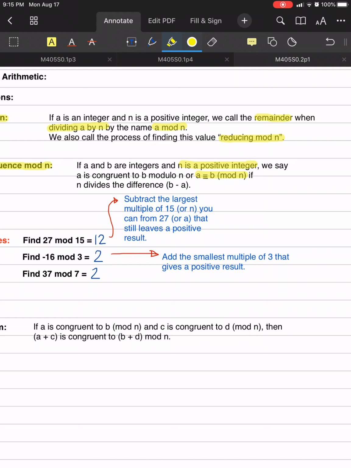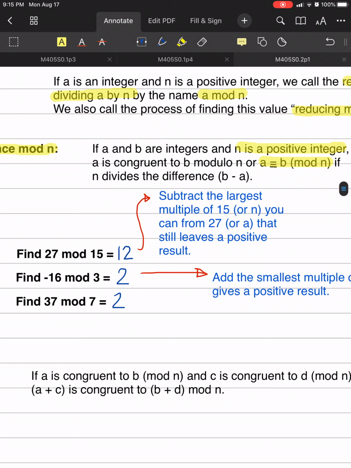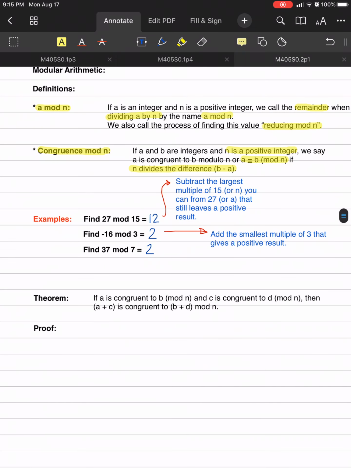That's pretty common for congruence mod n. We say this if n divides the difference b minus a. Now here you'll notice I say b minus a rather than a minus b. Proving that a is congruent to b mod n if and only if b is congruent to a mod n is really simple.